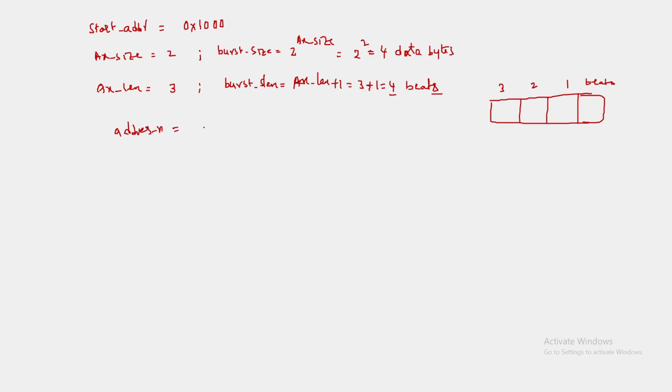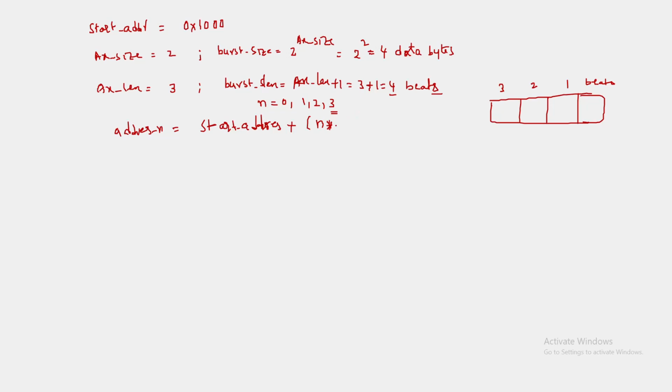Address n equals start address plus n into data bytes. What is that n? The actual length is 4, so n goes from 0, 1, 2 and 3. Up to 3 we will consider.